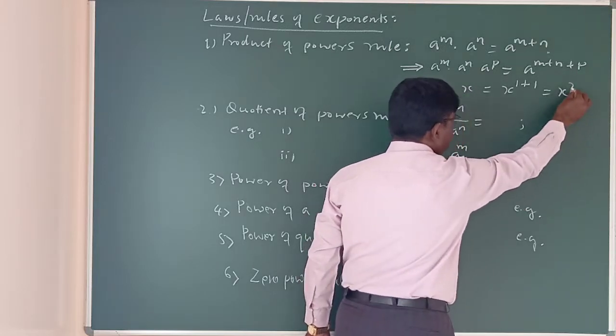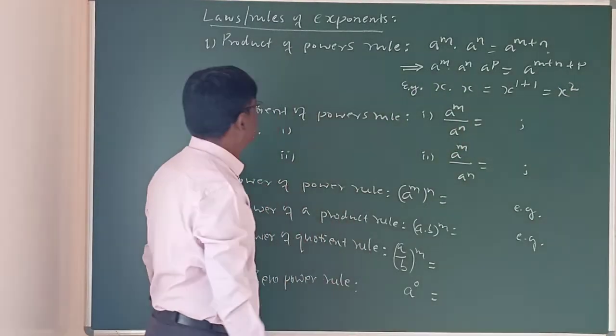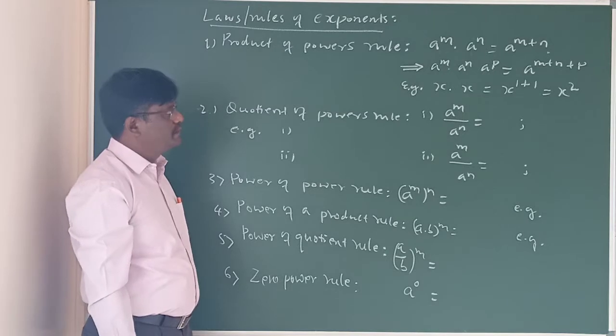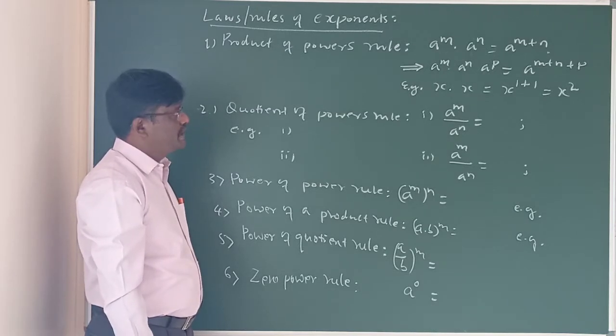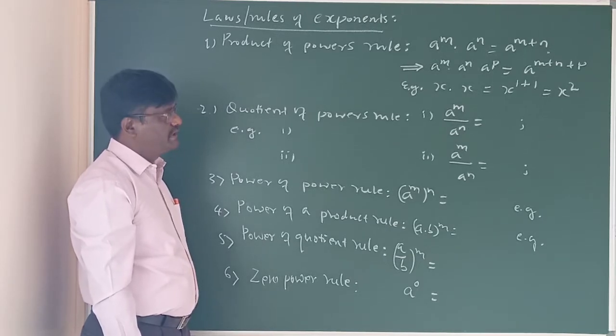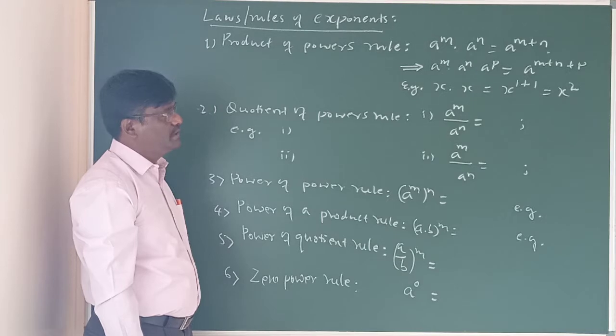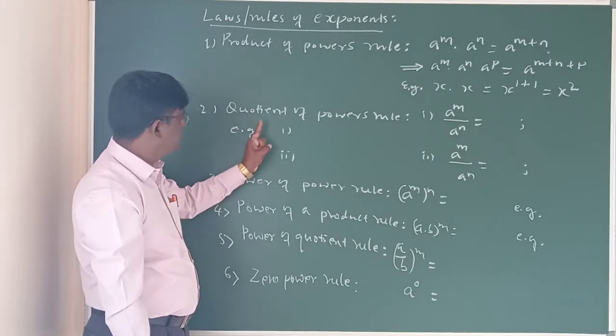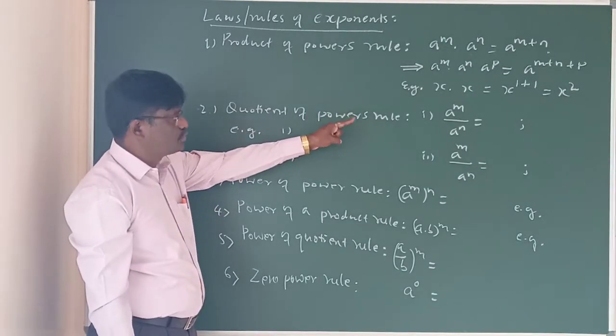This is what we say product of powers rule: x into x equals x to the power 1 plus 1, equal to x square.